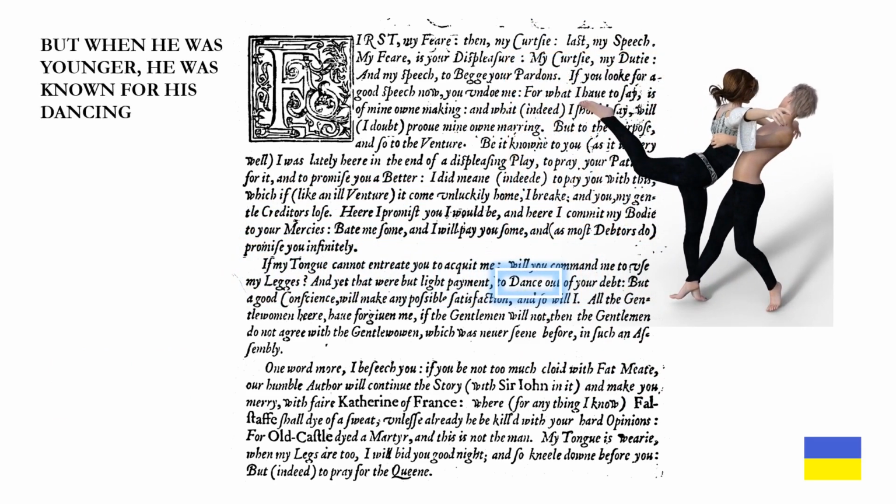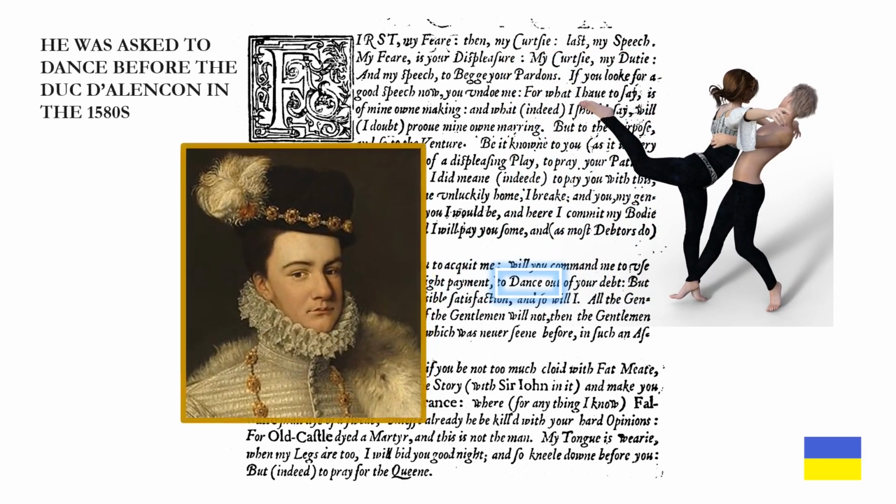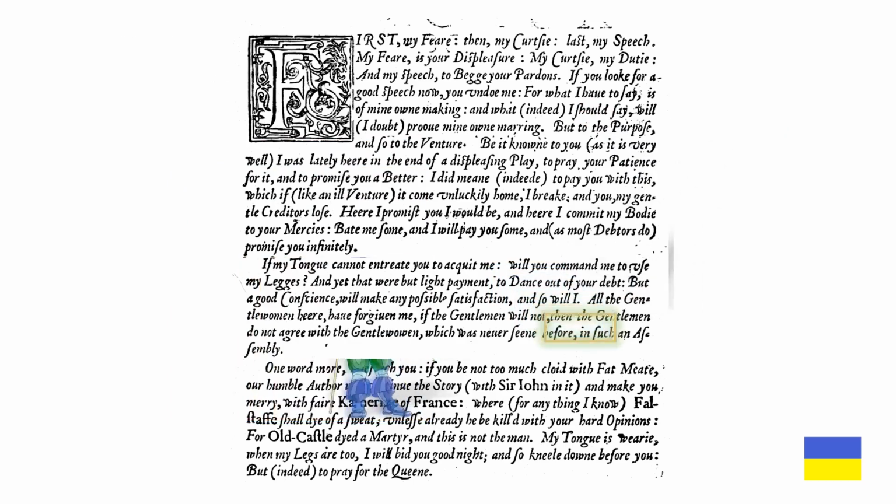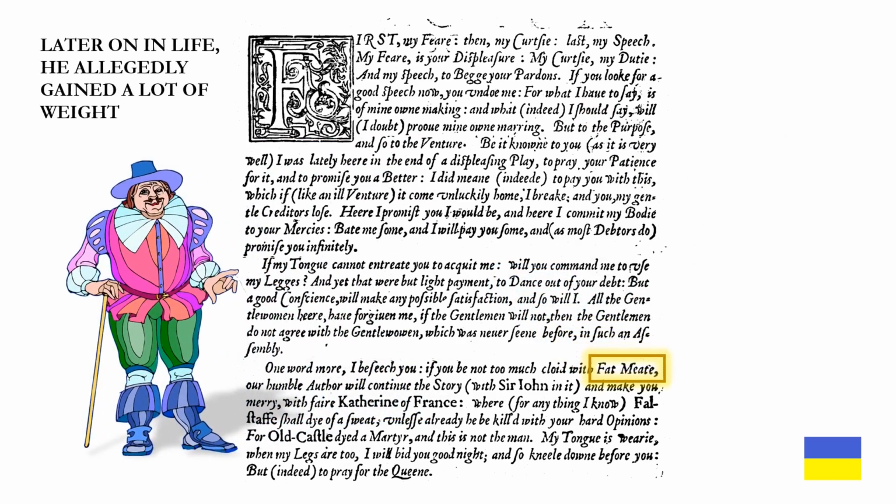When he was younger, he was known for his dancing, and he was asked to dance for the Duc d'Alençon in the 1580s during the marriage negotiations between the Duke and Queen Elizabeth. And later on in life, he allegedly gained a lot of weight.